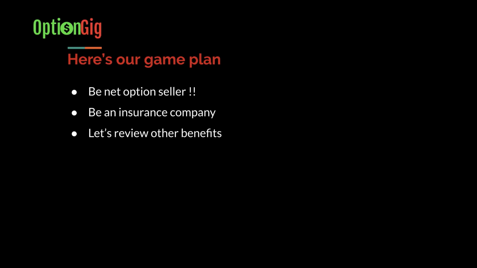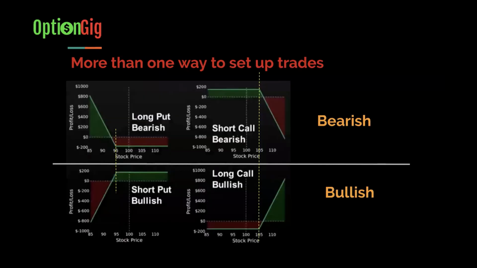Now let's review other benefits that accrue to us if we are net option sellers. We talked about how in option trading, there is more than one way to set up a trade. If you are bearish on a particular ticker, you could either buy a put, which is a long put, or you can sell a call. Both express a bearish opinion.